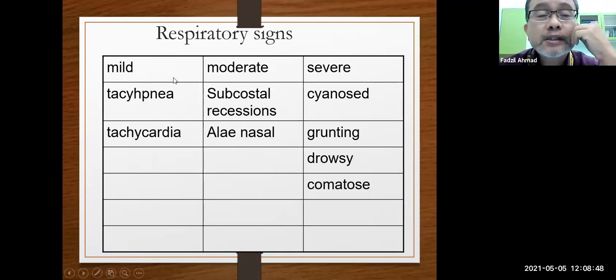I always say this, in terms of severity: mild, moderate, and severe. Mild, they just have tachypnea, tachycardia only. Moderate, they can have subcostal recession, alae nasi, you know alae nasi, nose flaring. Severe: cyanosis, grunting, drowsy, and comatose. The signs of respiratory distress.